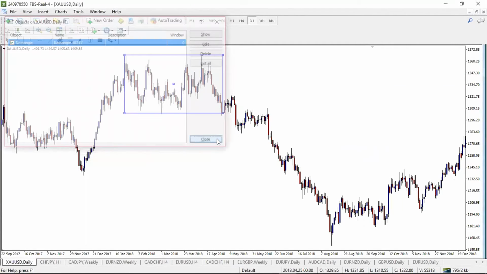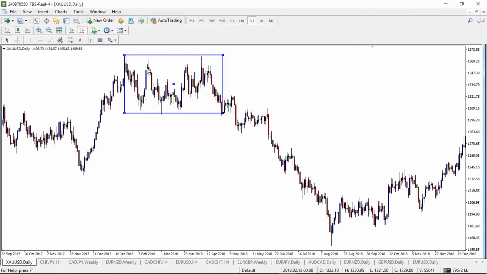So you also have something like this. This is not a trend. You cannot say it's going up. You cannot say it's going down. It's just playing around these two prices here. Then this is a trend.